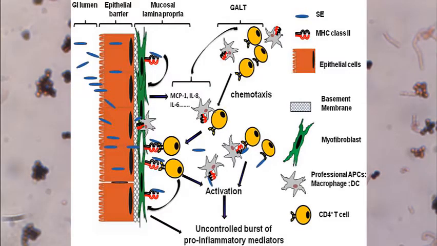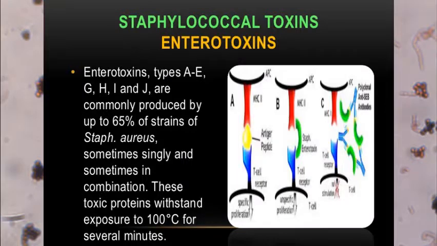Enterotoxins are also really dangerous for us. There are different types of enterotoxins, like enterotoxin A, which is most commonly associated with disease, and enterotoxin C and D, which you can find in contaminated milk products, basically.